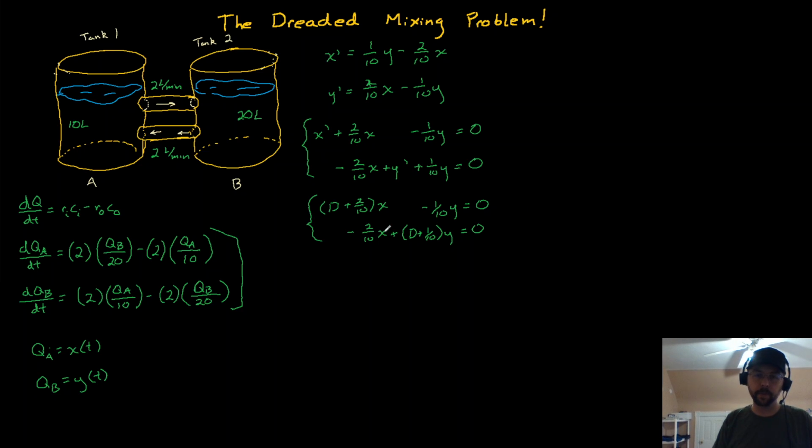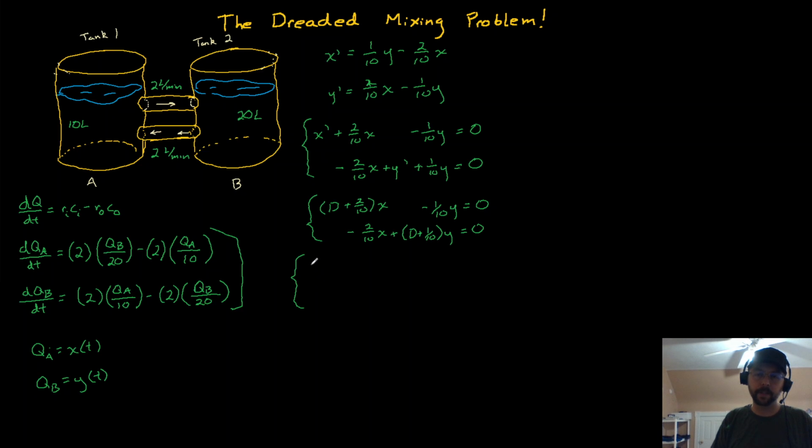It doesn't matter which one we cancel. Let's just cancel out the y's. So we're going to multiply top and bottom by, well, not by the same thing. We're going to multiply the top by D plus 1 over 10 and the bottom by positive 1 over 10, so that way they have the opposite sign.